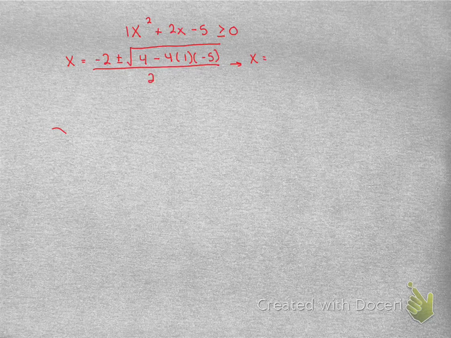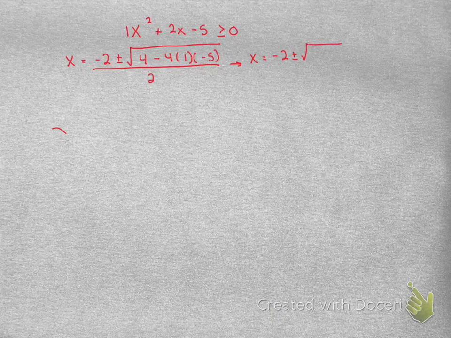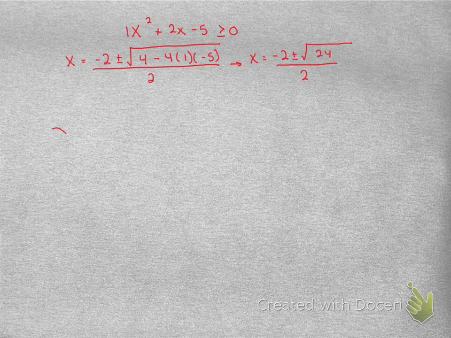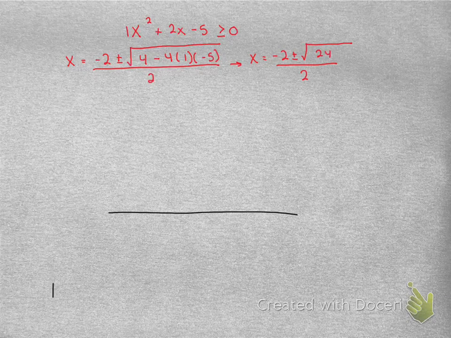That gives us negative 2 plus or minus the square root of 4 plus 20, which is 24, all over 2. Now, we could simplify the square root, but it's actually not necessary here, because what we are going to need are the decimal equivalents. So we can figure those out on our calculators.